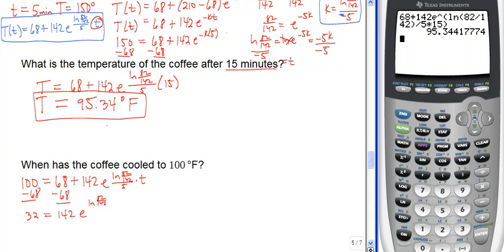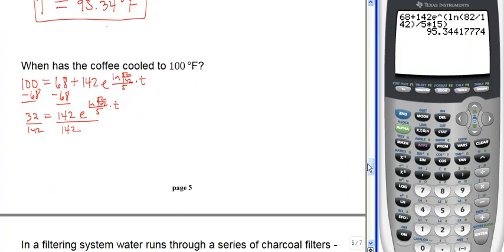And now we have this coefficient in front of the e to get rid of, so I'm going to divide both sides by 142. And that gets me the e isolated. And now I'm ready to take the ln of both sides.